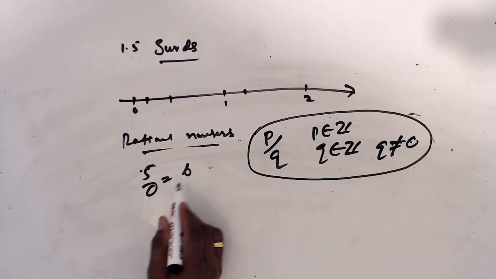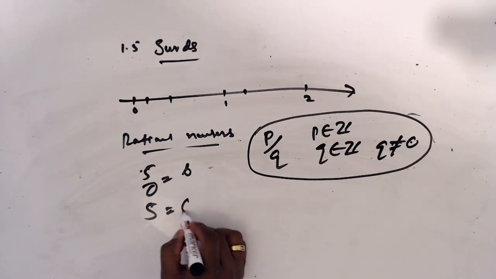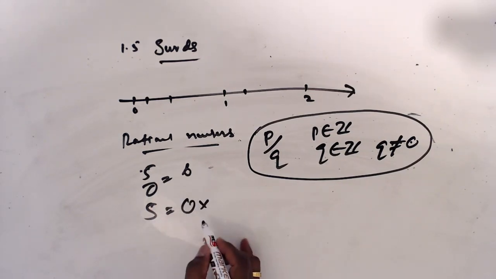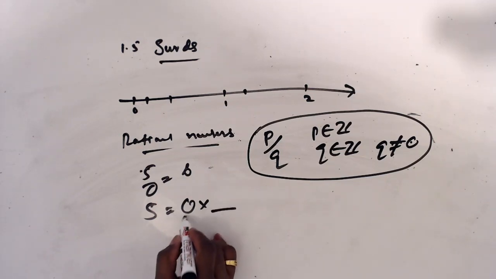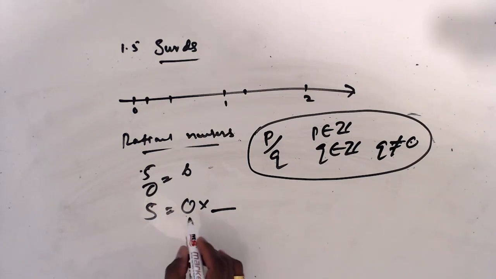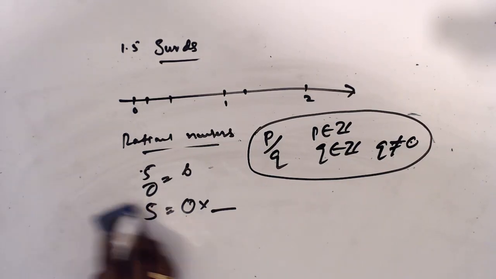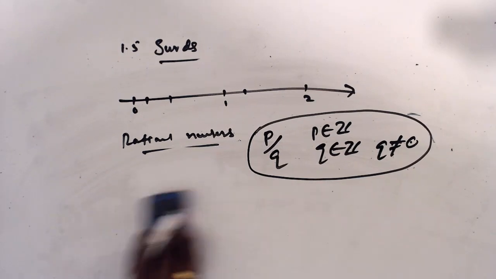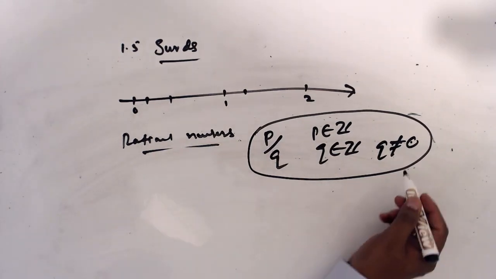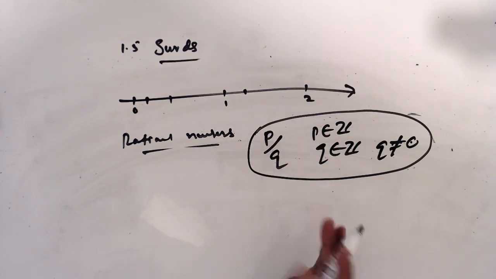In another way, 5 divided by 0 asks: which number do I have to multiply by 0 to get 5? Multiplying by 0 always gives 0, not 5. So as a result, if Q is equal to 0, then the fraction is not defined, basically.